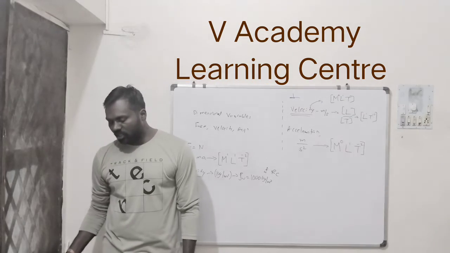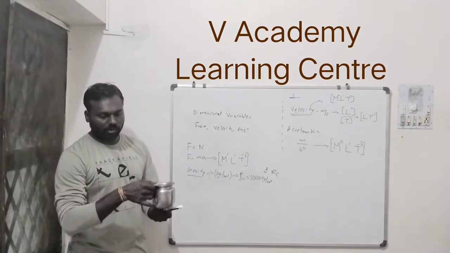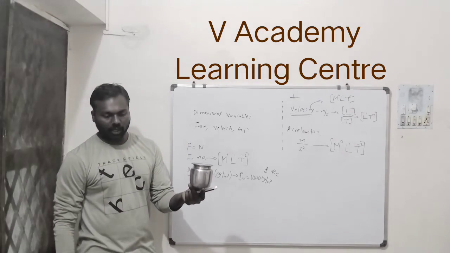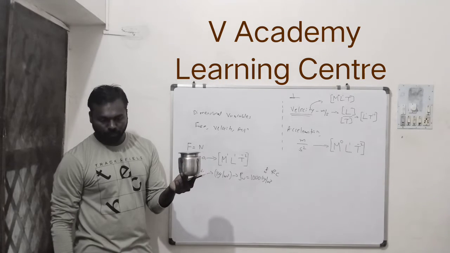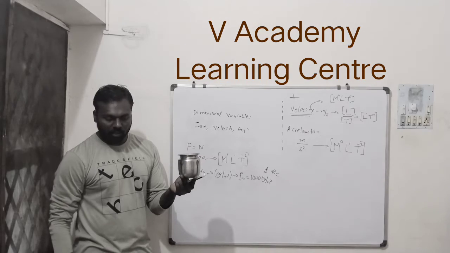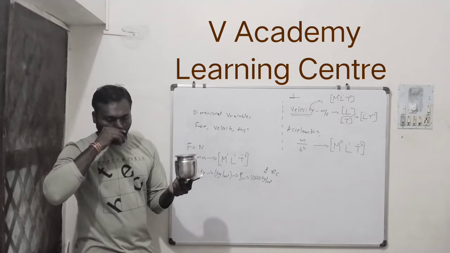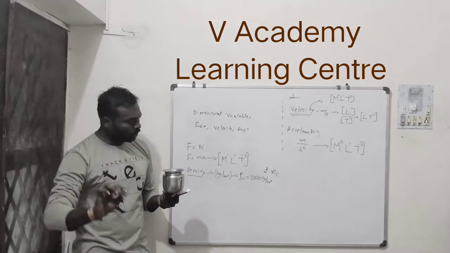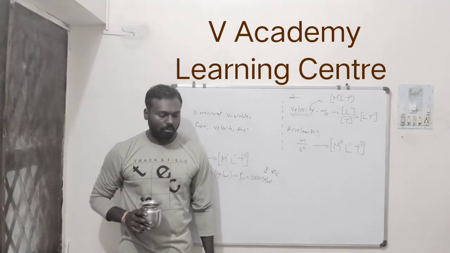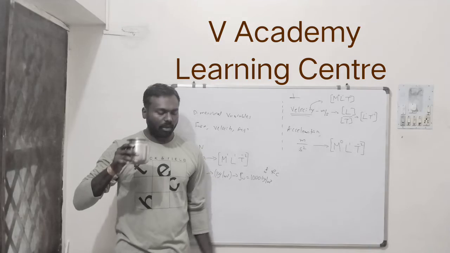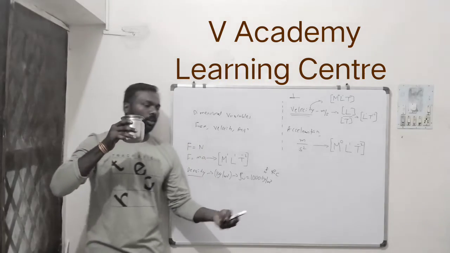If you measure the density of water available in this container, it is not equal to 1000, it is less than 1000. Getting the point? We generally assume a standard value, 1000 kg per meter cube, only at 4 degrees Celsius, but we take it for granted for our calculations.